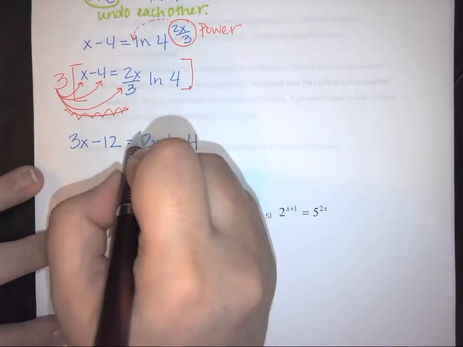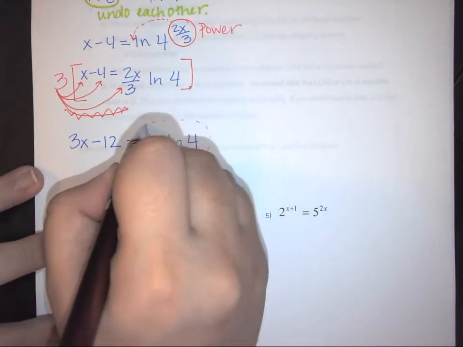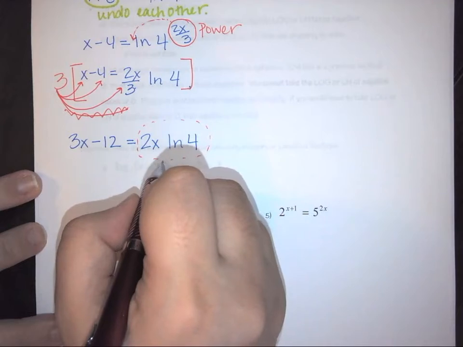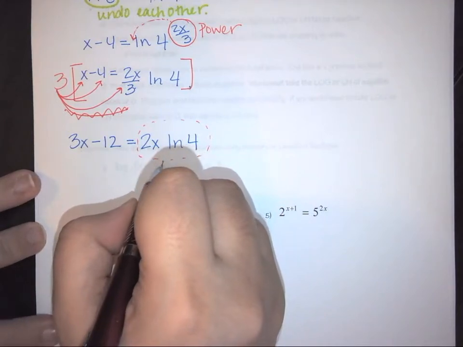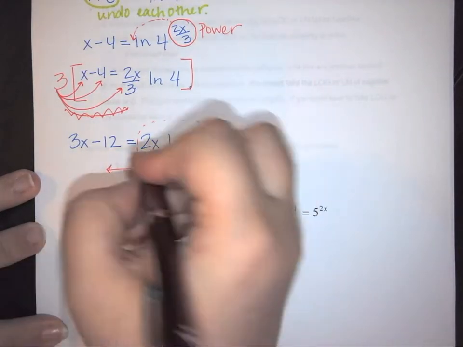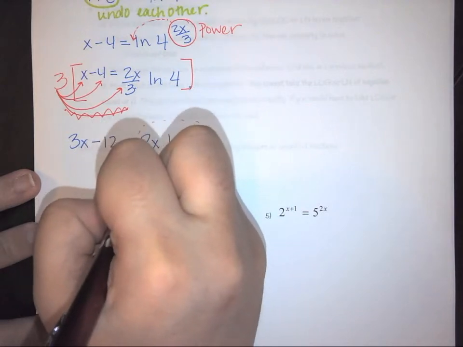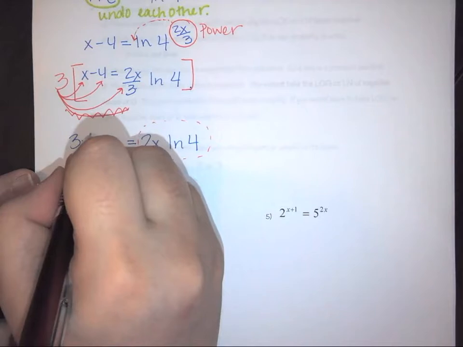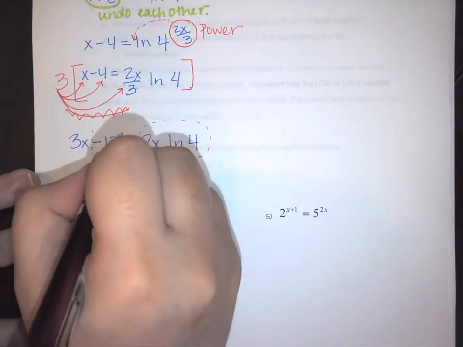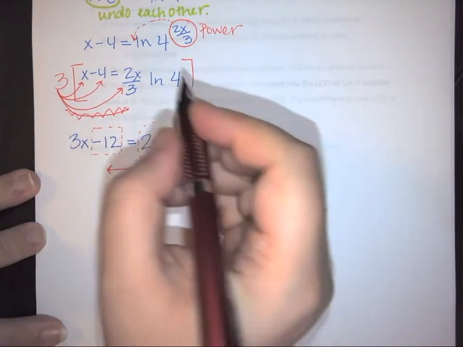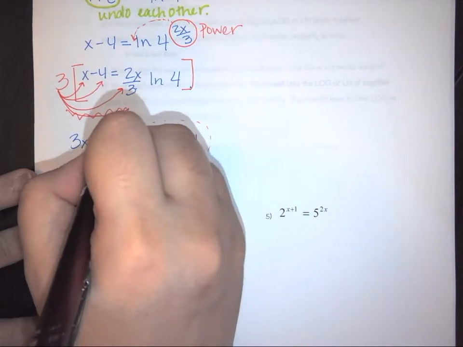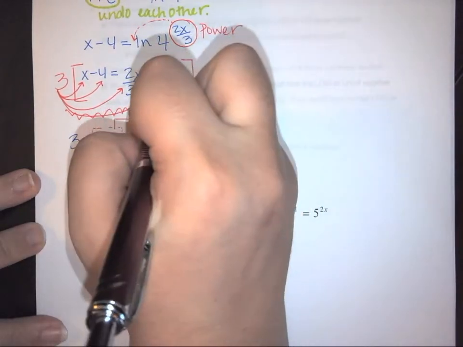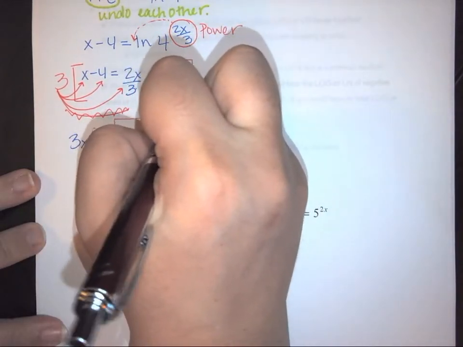So I'm going to take this side here and I'm going to move it this direction by subtraction. And I'm going to take the negative 12 here and I'm going to move it in this direction through adding.